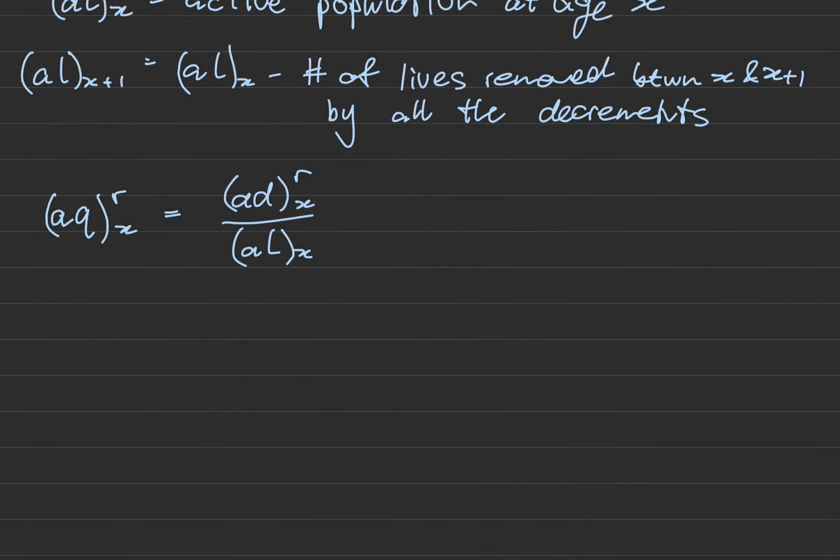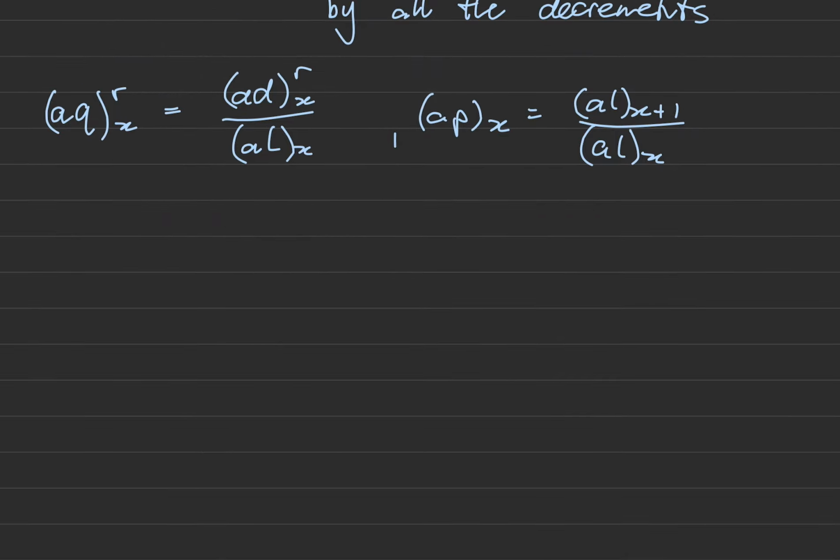Then APX is equal to ALX plus 1 over ALX. And then N APX is just going to be equal to AL x plus N over ALX, and then we have AQ.